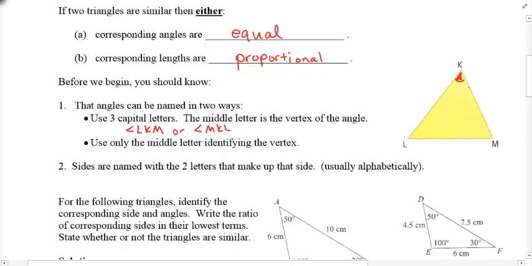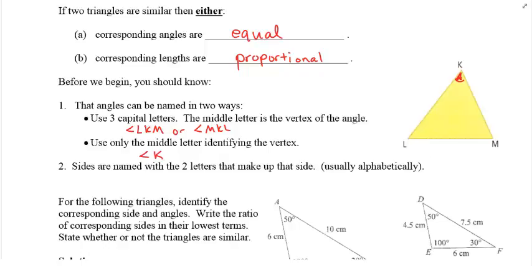Or we just use the middle letter by itself, so angle K. Okay? Now in this particular example, using the middle letter is fine, but can you think about where using the 3 letters might be more advantageous than just using the 1?